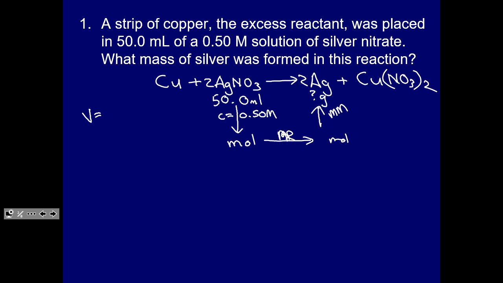Let's turn the milliliters into liters. If I didn't do that, I would actually end up with milligrams at the end, because the milli just follows along if we don't turn it into liters. How many liters is 50 milliliters?